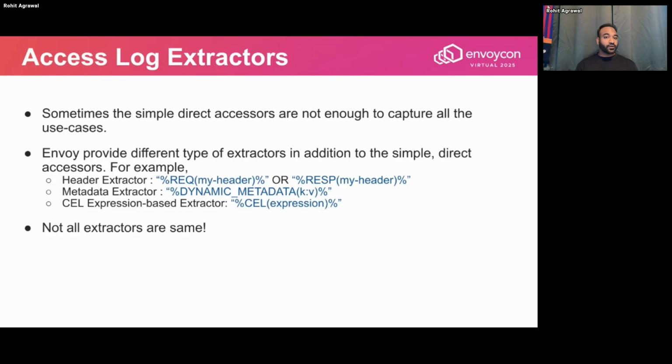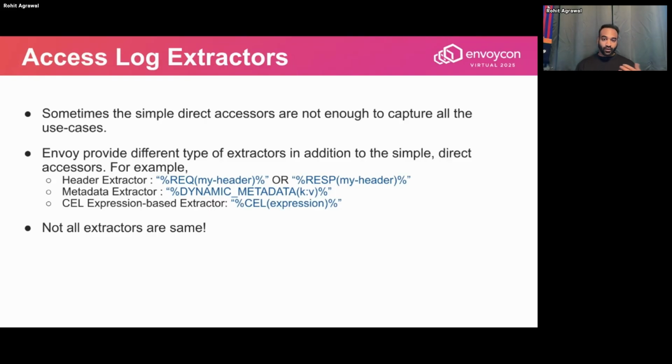So one of the things that we noticed is the access log extractors. Sometimes the simple direct accessors are not enough for us to capture all the use cases. For example, if I'm using ext_authz or ext_proc, the filter is emitting the state in dynamic metadata, and I have to use the dynamic metadata extractor, for example, to get the latency information and then pipe it to the log.